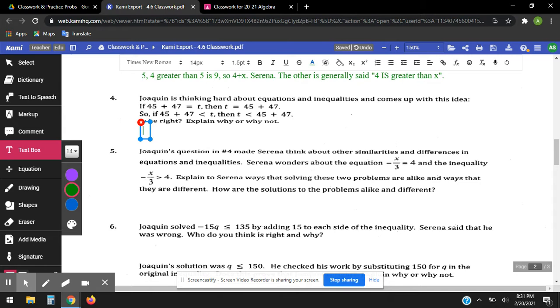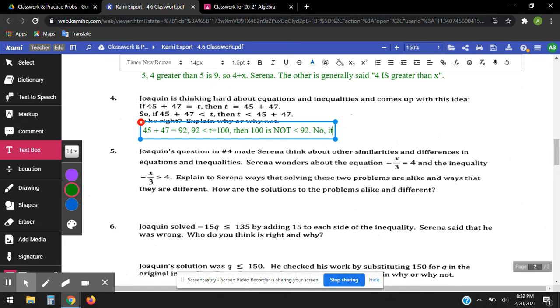Well, if we actually answer that, 45 plus 47 equals 92. So if 92 is less than t, and we'll say t equals 100, then 100 is not less than 92.